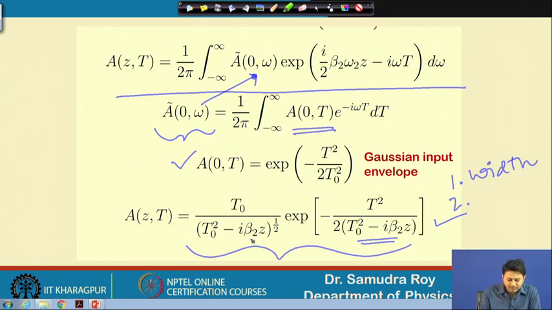If beta 2 is equal to 0, that means there is no dispersion, then the amplitude factor becomes 1. But if beta 2 is not equal to 0, then the amplitude has a real and imaginary part, a complex amplitude. Not only that, the amplitude is also reducing because of this part. So, amplitude is affected.